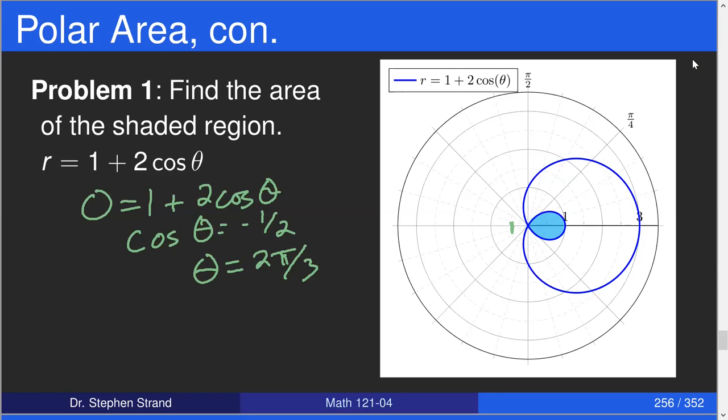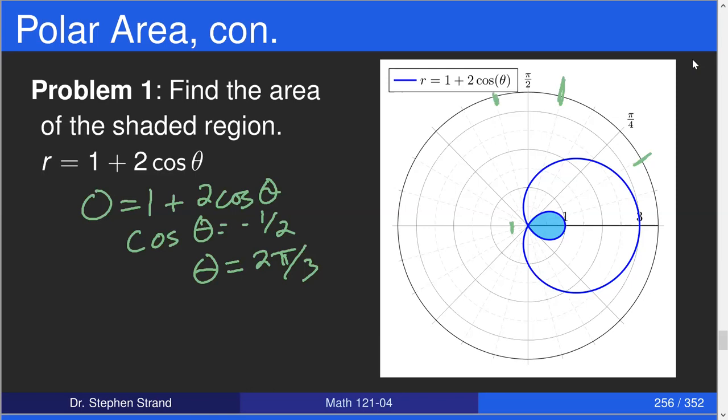Sorry, where's 2 pi over 3? So we're going to go, here's pi over 6, and here's pi over 3, and let's see, so then it should be right here.